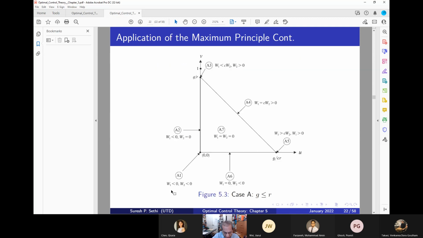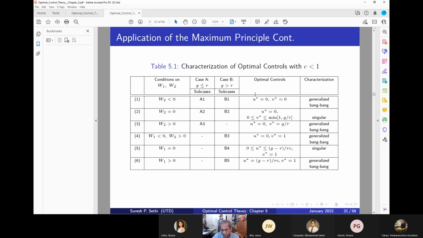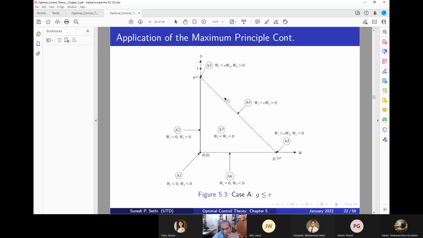So if W1, W2 are less than 0, the control is 0, 0. This is shown in the table here. Likewise, if W1 is less than 0 and W2 is bigger than 0, then you can see that the control is going to be exactly at this level.